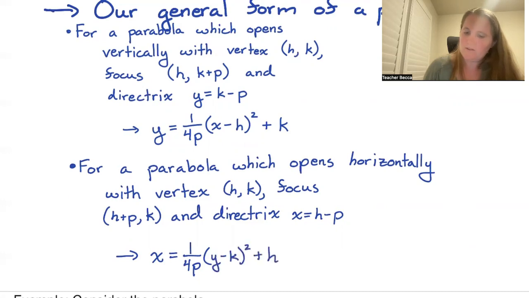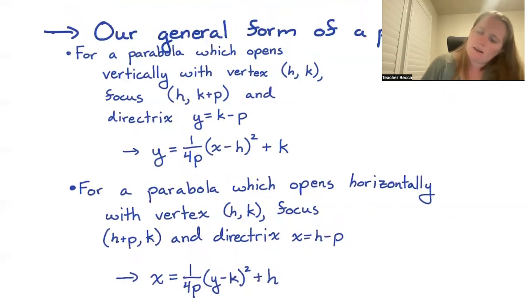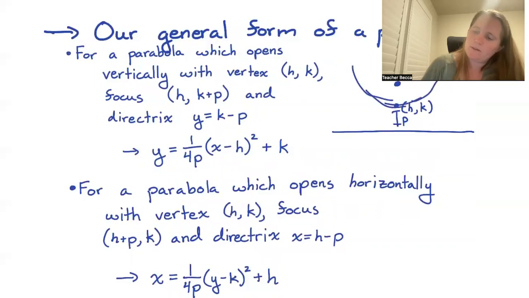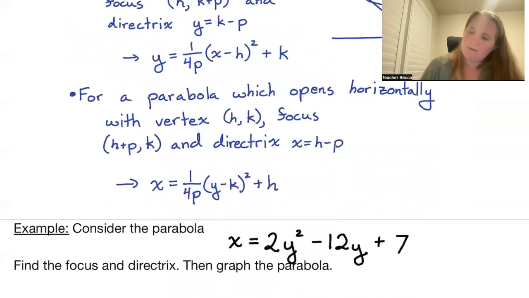squared plus h. So again, in this situation here, we have vertex (h, k), we have focus above that and directrix below that. The distance away is p. This is the equation we get. Versus for the horizontal case, we have a vertical directrix.